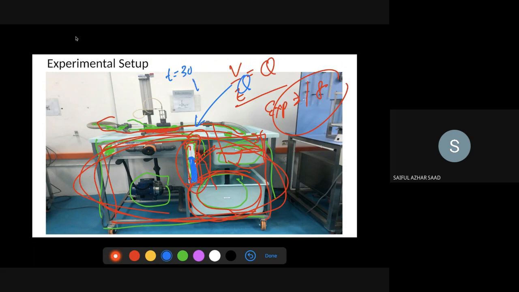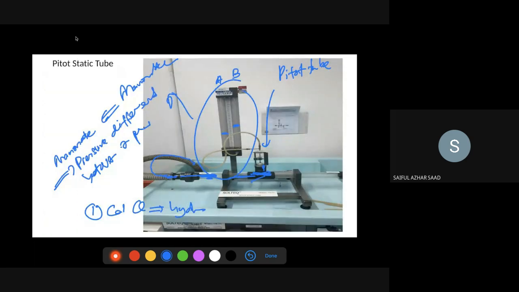Then you will get the volume. The volume divided by time gives you the flow rate. So your job is to measure the flow rate by using the hydraulic bench, and also to record the difference in heights between point A and point B.